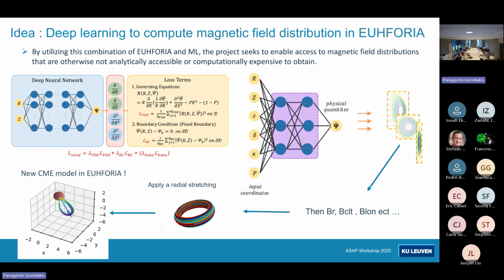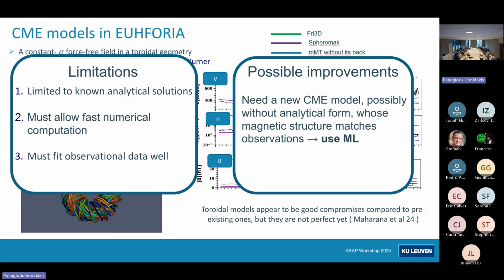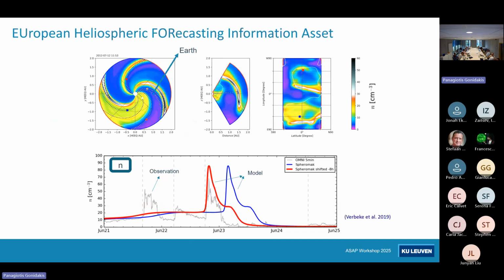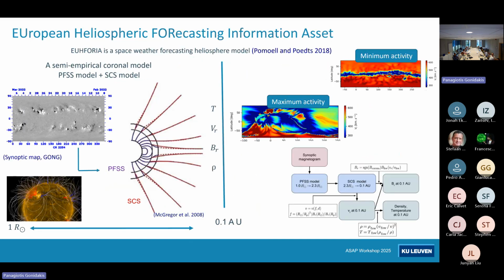But maybe the question is, how do you initialize EUHFORIA? You probably look at, like normally you look at the coronagraph image, right? And you estimate the shape of your CME, and here in EUHFORIA, the initial position is this map. Yes. And when you initialize with a CME, imagine a torus crossing this inner boundary. So first you have 1 point.